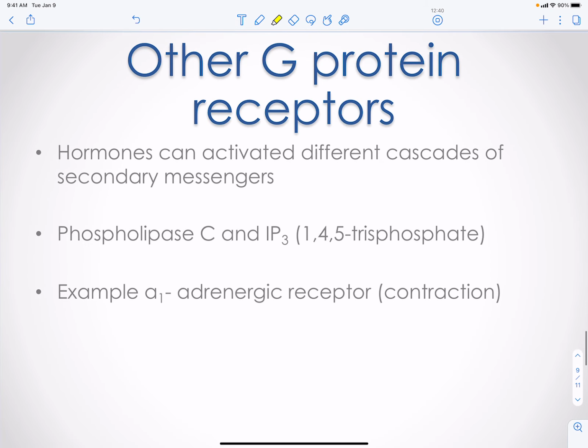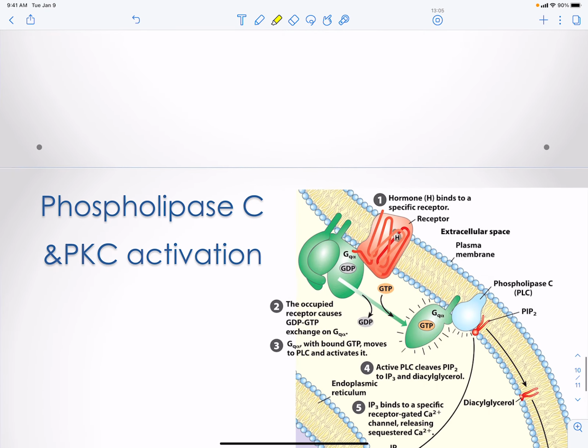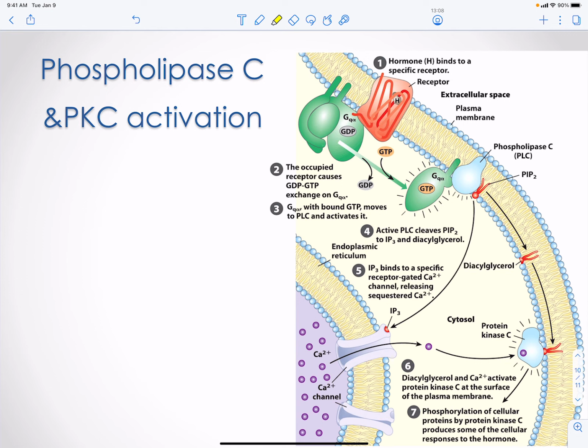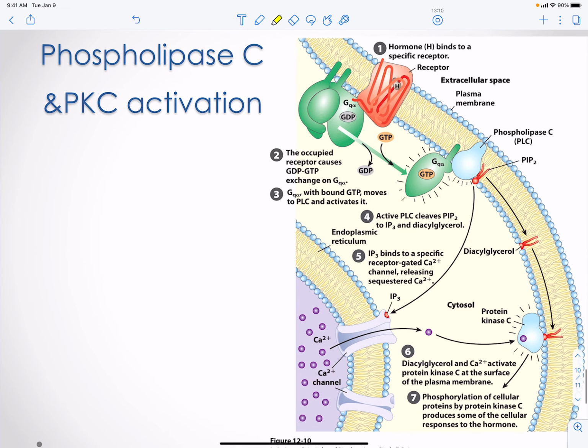Now there are other G protein receptors. We have hormones that activate different receptors that have different signal transduction pathways. And some of those can lead to phospholipase C activation and phosphatidylinositol activation. An example of this is the alpha-1 adrenergic receptor, which causes contraction. So in this case, you still have your hormones. Your hormones are still binding to the receptor.